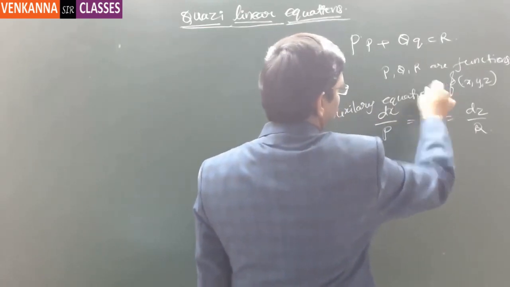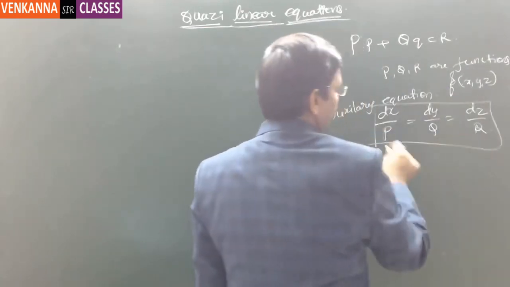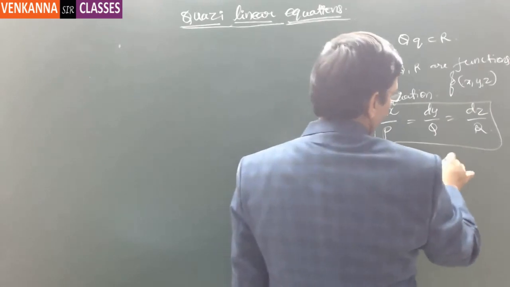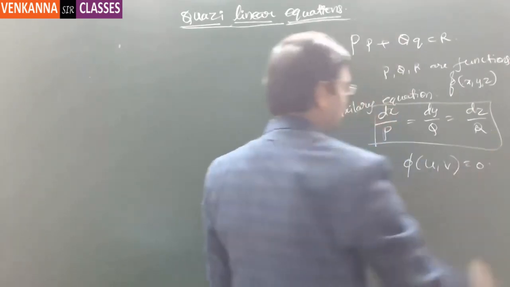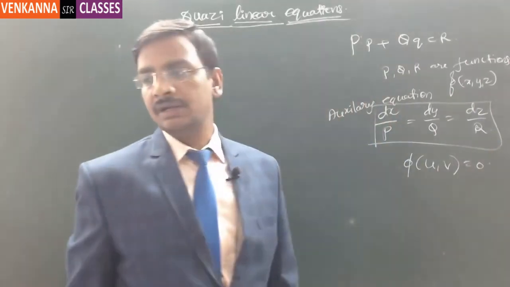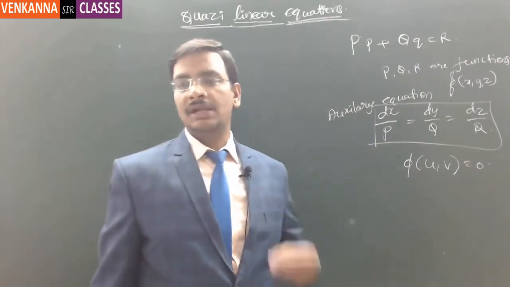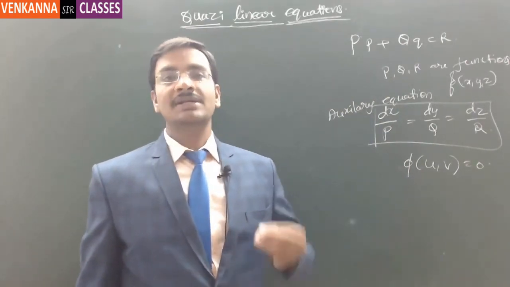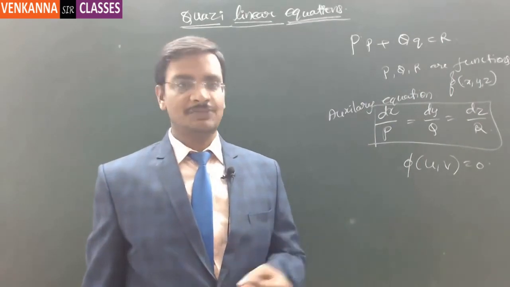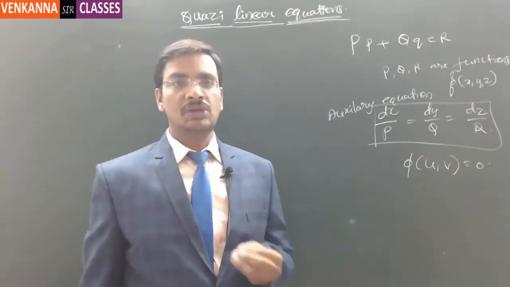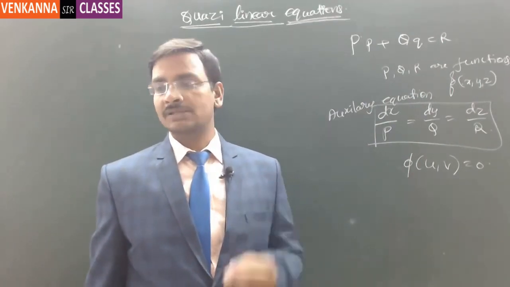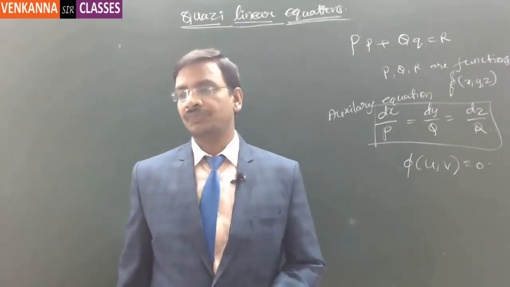That's it. This solution, finally, you express in the form of phi of u, v is equal to 0. So this is the final solution. This is the standard method for any kind of quasi-linear equation, and that is the basic method in partial differential equations, which you can use for solving other complex differential equations also.